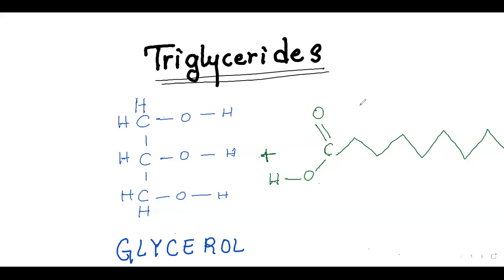This chain can be 10 carbons long, 20 carbons long, as long as that particular structure requires it to be. In chemistry we would call it a carboxylic acid, but the biological term for it is a fatty acid chain.